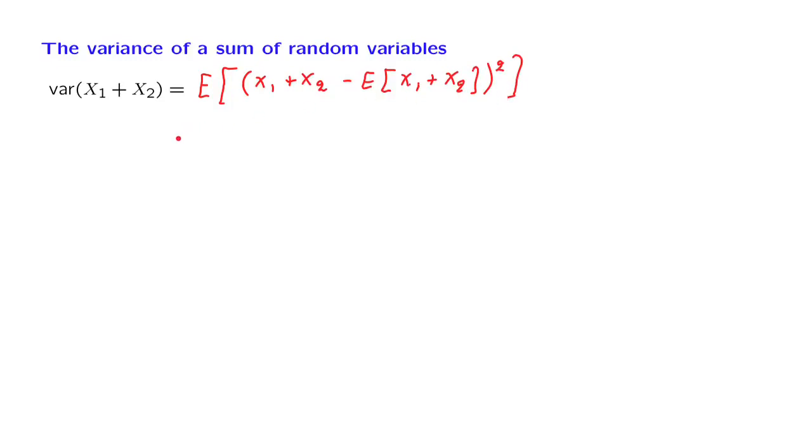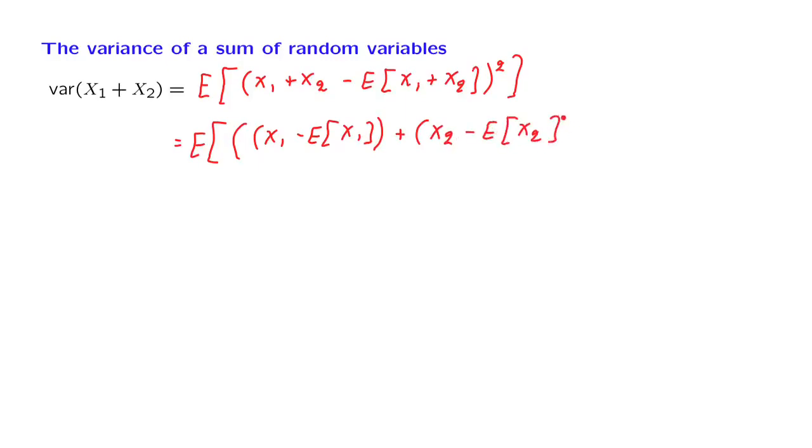And now we rearrange terms here and write what is inside the expectation as follows. We put together x1 with the term minus the expected value of x1, and then x2 together with negative the expected value of x2.